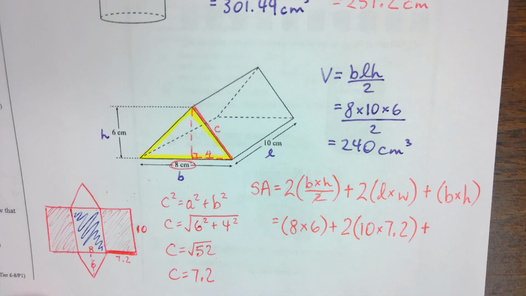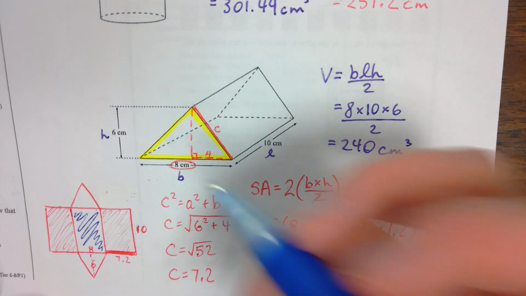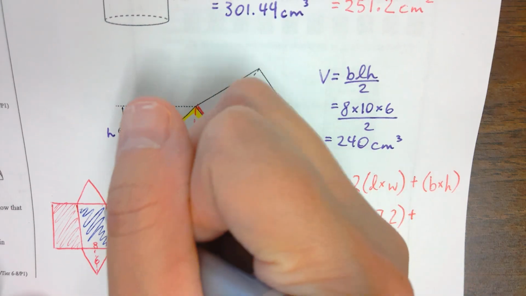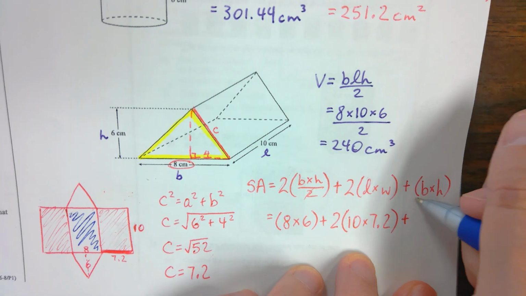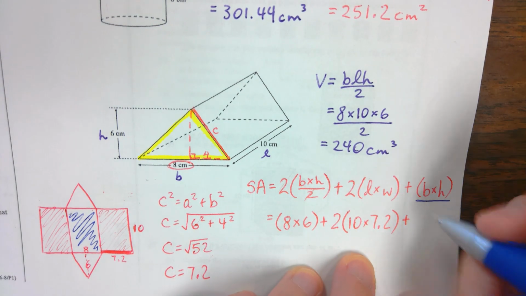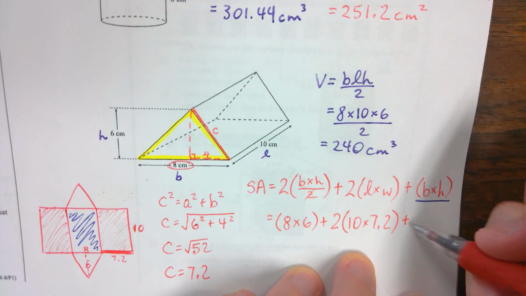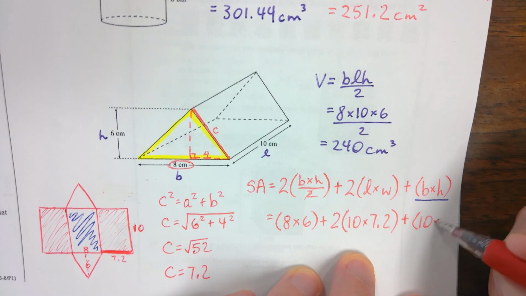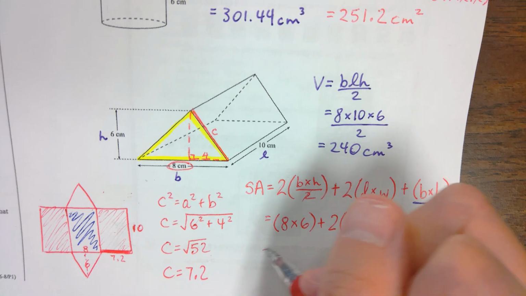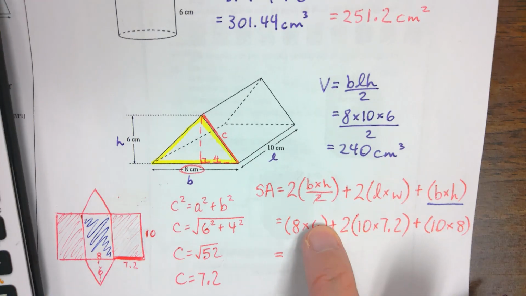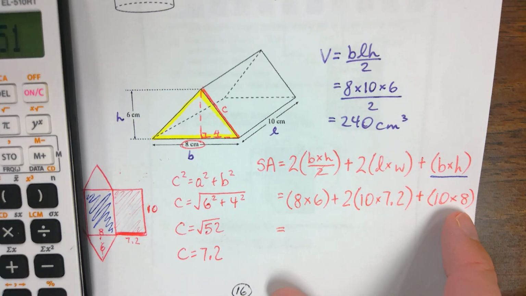That part? Yep. 10 by 8, right? Because this is 10, that means this is 10. So 10 by 8. Okay, so plus 10 by 8. Okay, put everything into the calculator. So now that the formula is simplified, it doesn't look too bad.